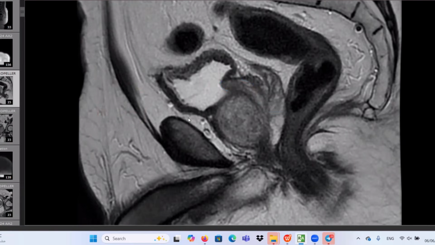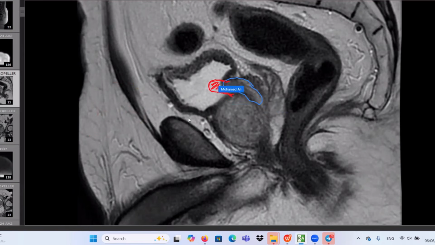I would like to add something very important regarding the central zone. The central zone has this part. If it is hypertrophied, it can project into the lumen of the urinary bladder as a pedunculated component.